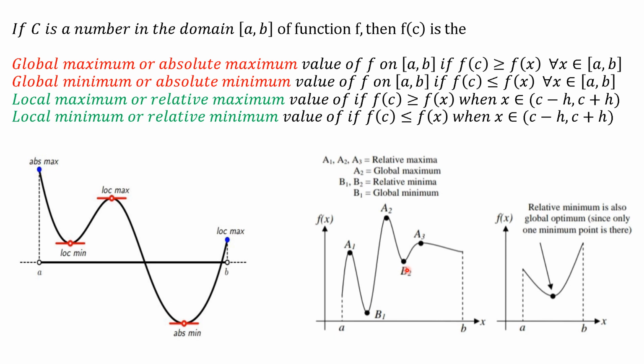Now the question arises that A1, A2, A3 all are not having the same value, isn't it? So how to decide which is maximum among these?